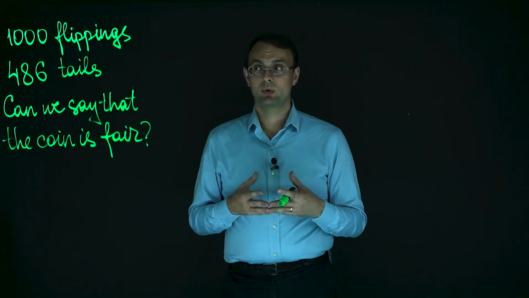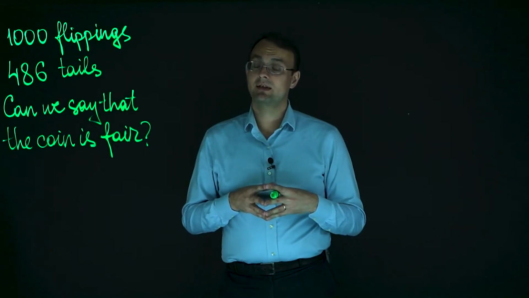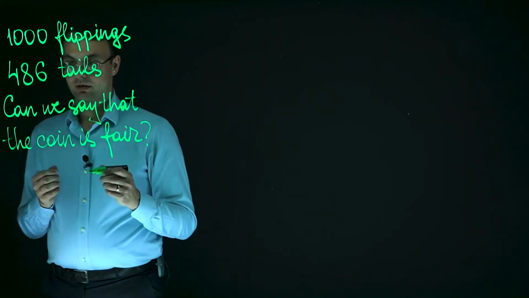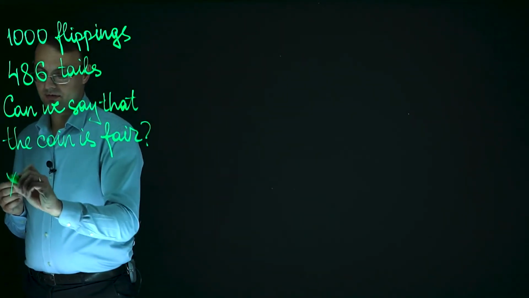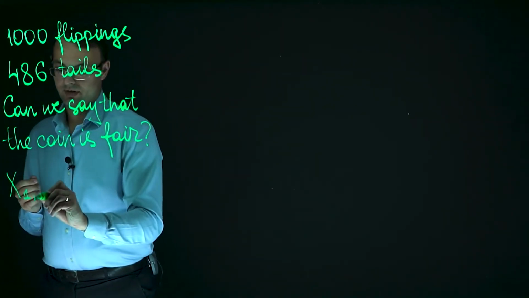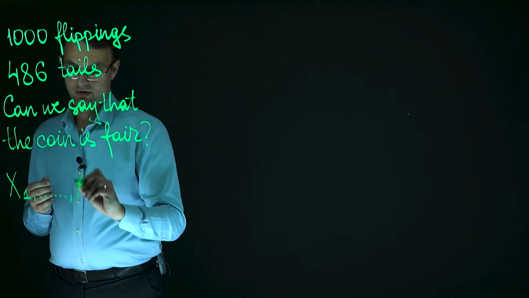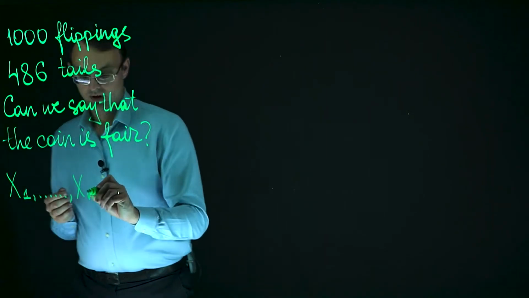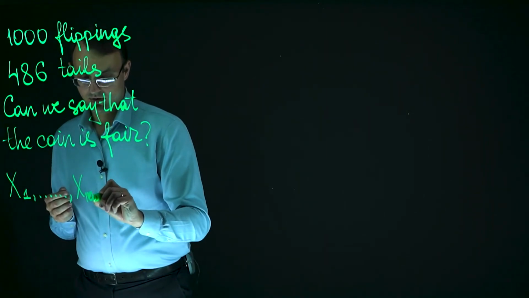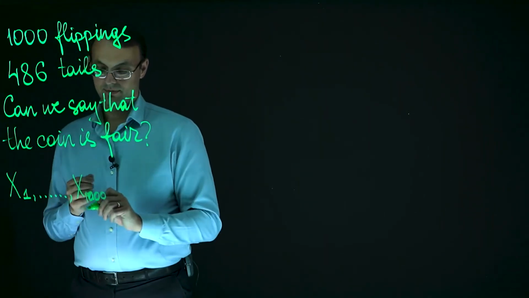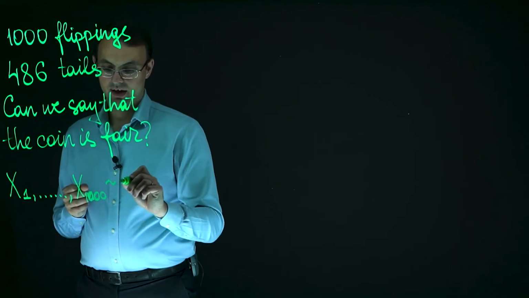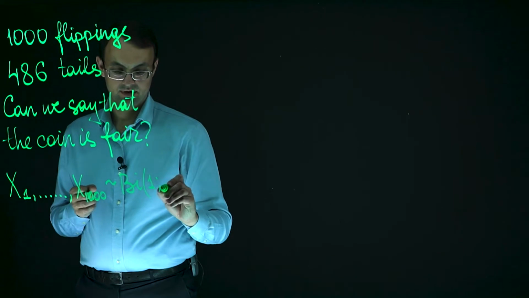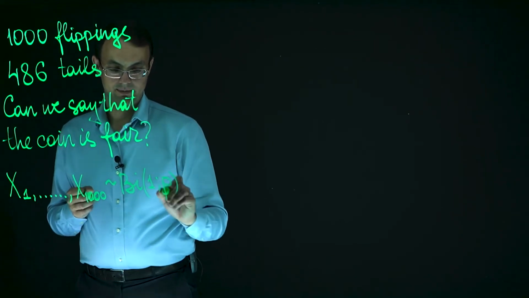So what can I say? I can say that initially we have 1,000 observations, and they are all binomially distributed with parameters 1 and p.